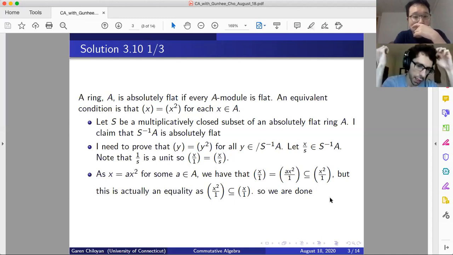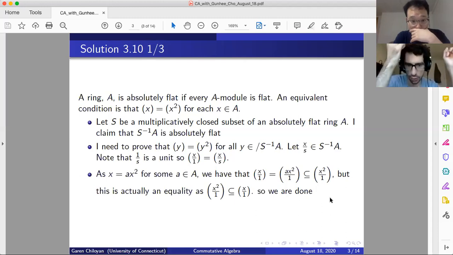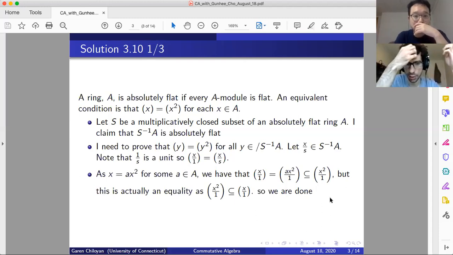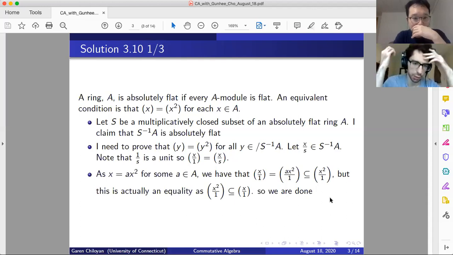Let's say x equals a x squared for some a in A. That's what it means for the ideal x to be equal to the ideal x squared. If you rewrite x over 1, it's the same as a x squared over 1, and that's contained in the ideal x squared over 1.